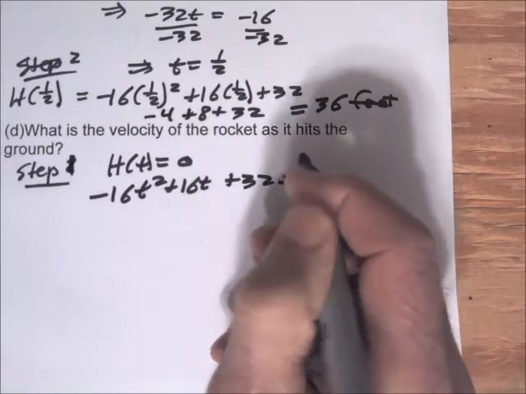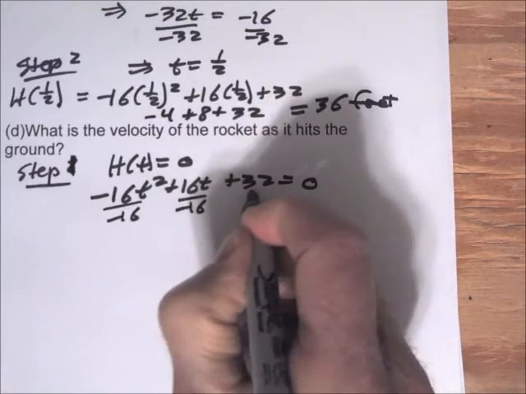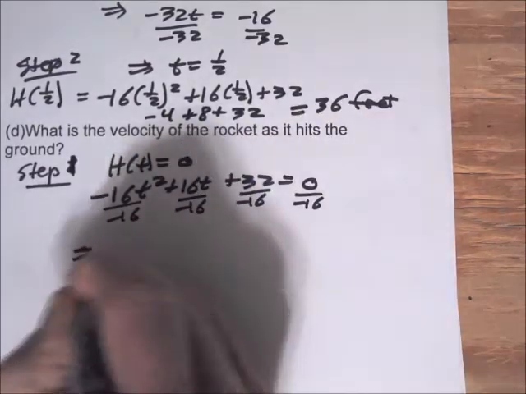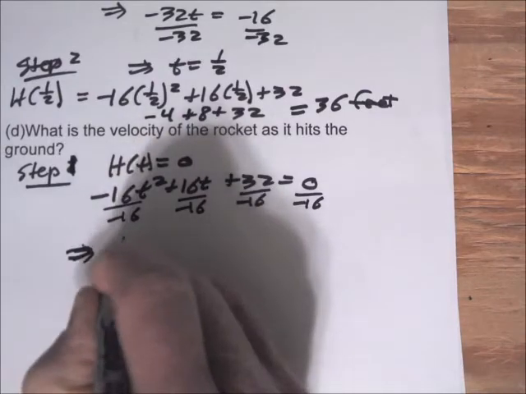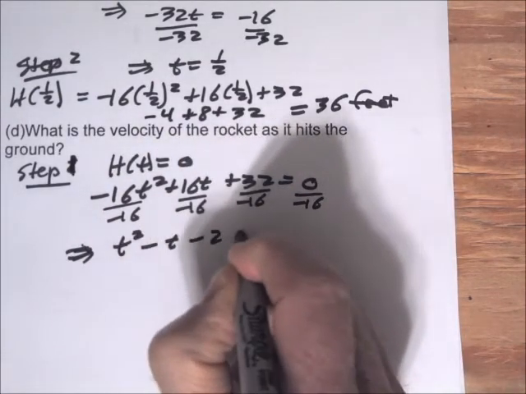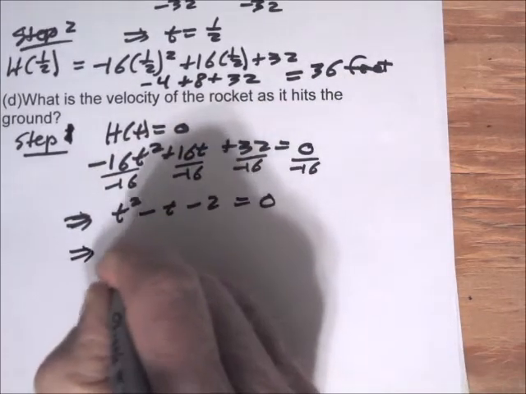If we divide everything by negative 16, we can make these numbers a little smaller, easier to work with. We'll have t squared minus t minus 2 equals 0. And then we'll see if we can factor that.